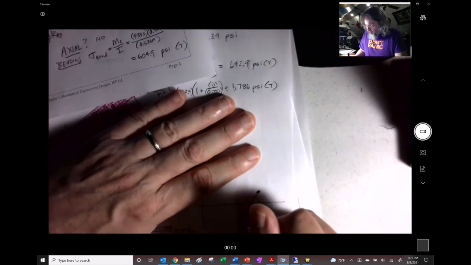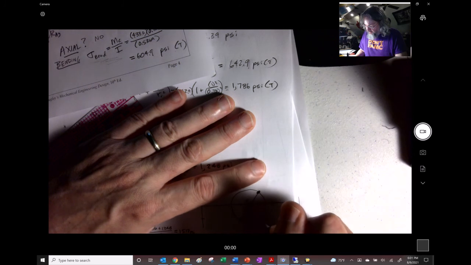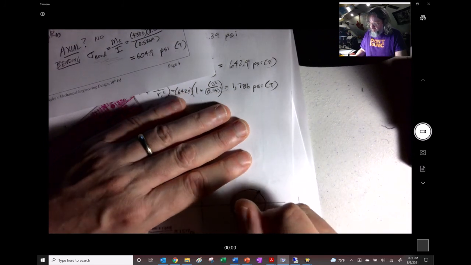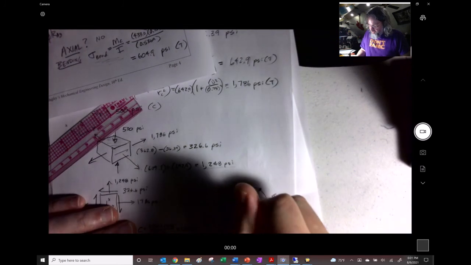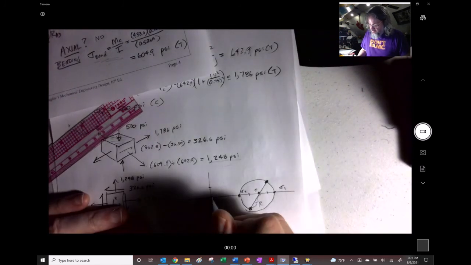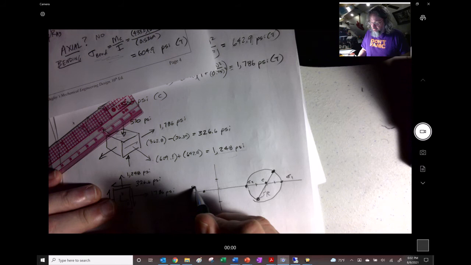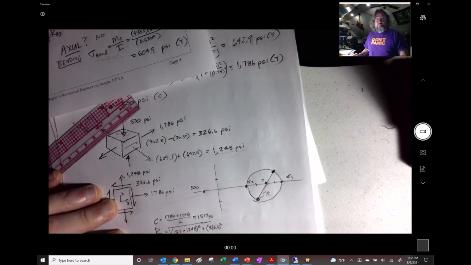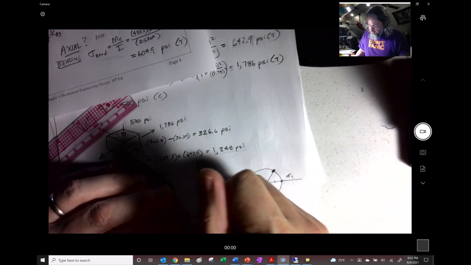So maybe I should draw my Mohr circles, and I'm doing my freehand sketch there. Sigma 1, sigma 2, sigma 3 is actually going to be way over here. It's going to be 500, right? So that's sigma 3.